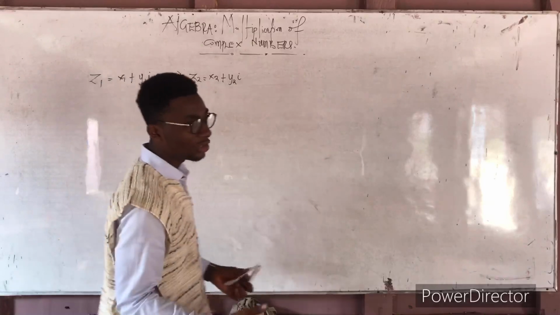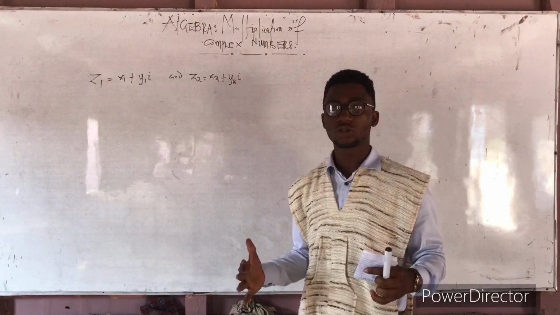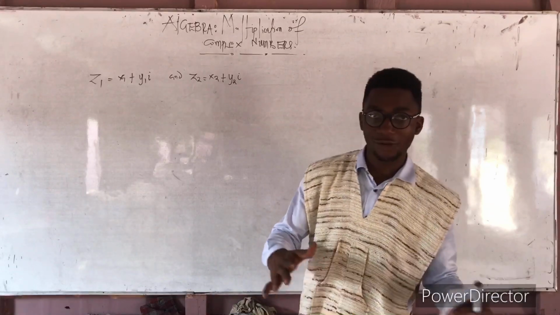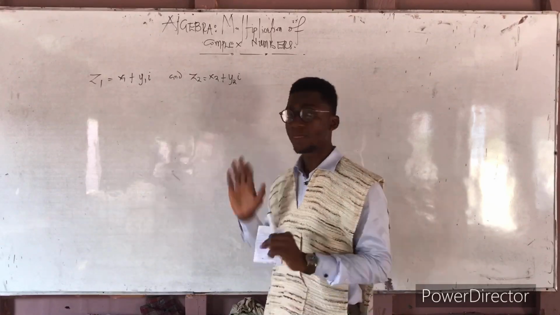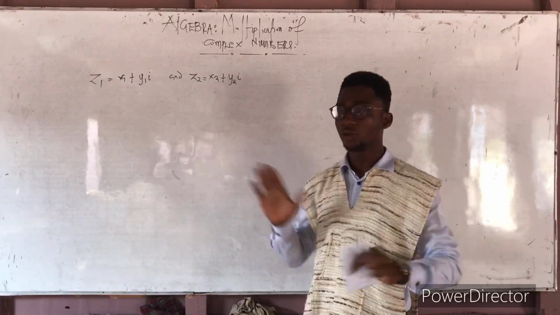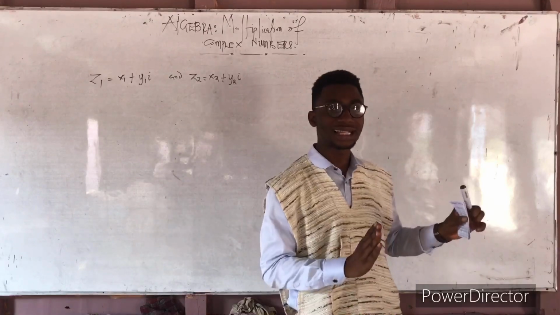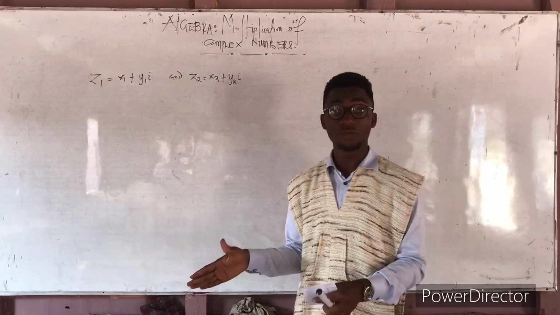Before that, take note that when we did addition and subtraction, we grouped the real part and operated on that, and also grouped the imaginary part and operated on that. But for multiplication, we don't do that. We do them together, and after that we arrive at some real part and some imaginary part.